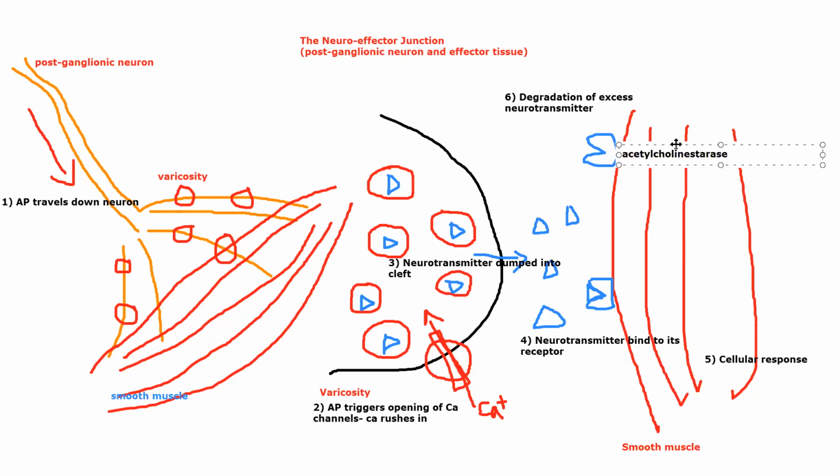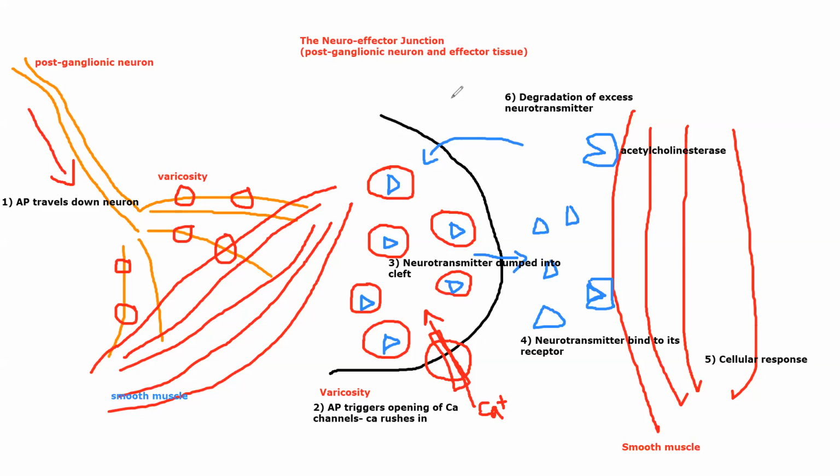And that is going to degrade our excess neurotransmitter and help to clear the junction of any excess neurotransmitter. And then that can be reuptaken back into the varicosity and recycled to make more neurotransmitter.